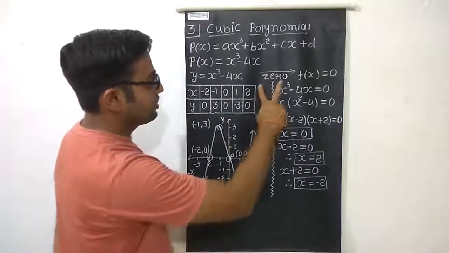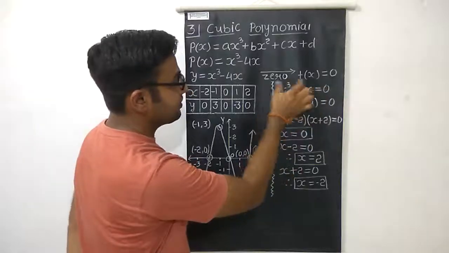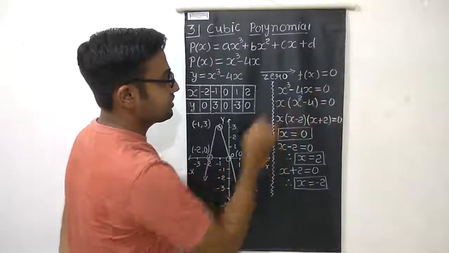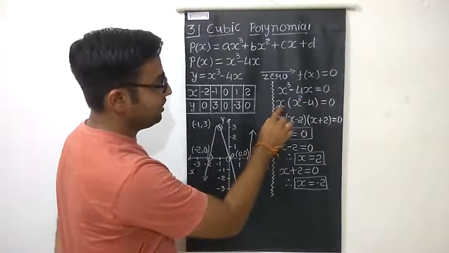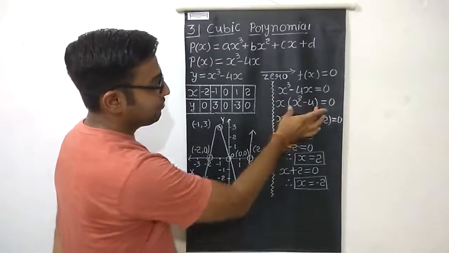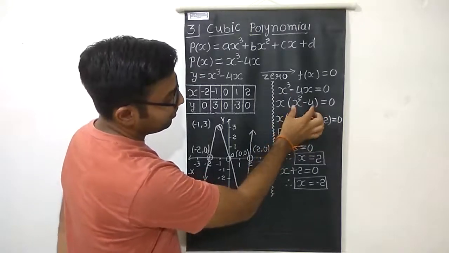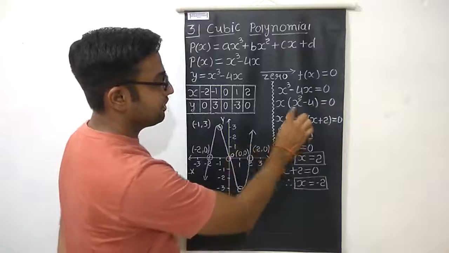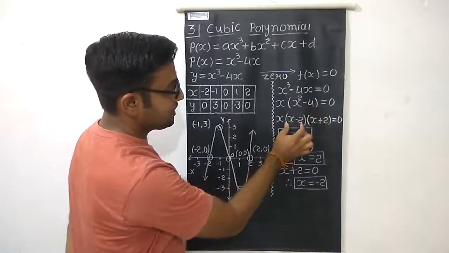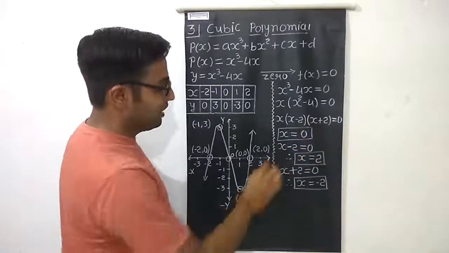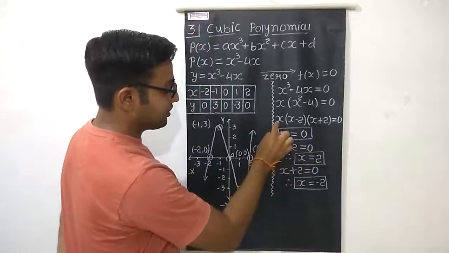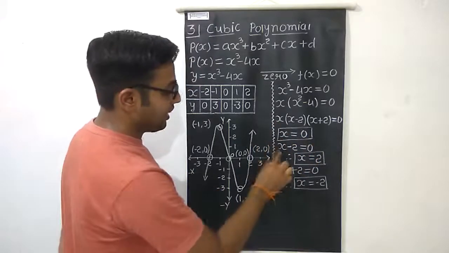To find the zeros, we set f of x equal to 0: x cube minus 4x equals 0. x is common, so we get x times x square minus 4 equals 0. To factorize this, we use the identity, so x square minus 4 can be written as x minus 2 times x plus 2. Comparing these three factors with 0, first x equals 0, second x minus 2 equals 0, so x equals 2, and x plus 2 equals 0 gives x equals minus 2.